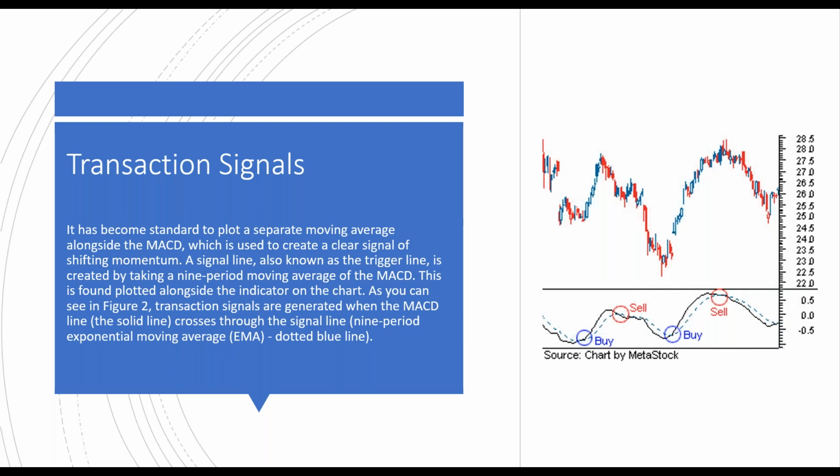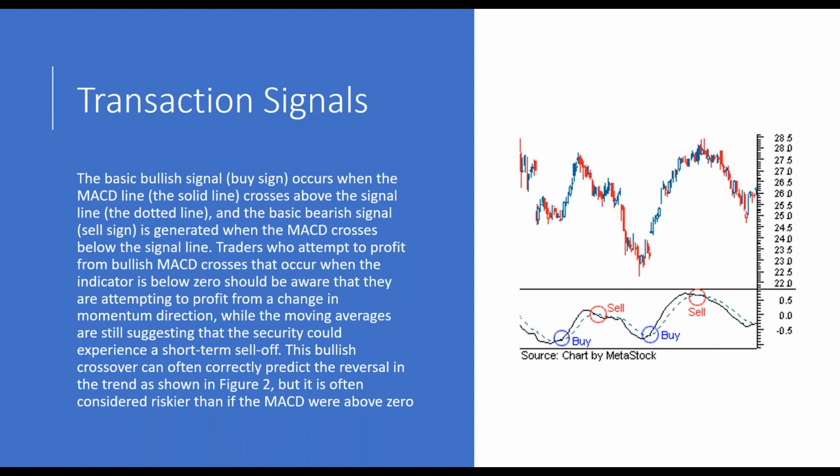A signal line, also known as a trigger, is created by taking a 9-period moving average of the MACD. This is found plotted alongside the indicator on the chart. As you can see, transaction signals are generated when the MACD line crosses through the signal line. The basic bullish signal, the buy sign, occurs when the MACD line crosses above the signal line.